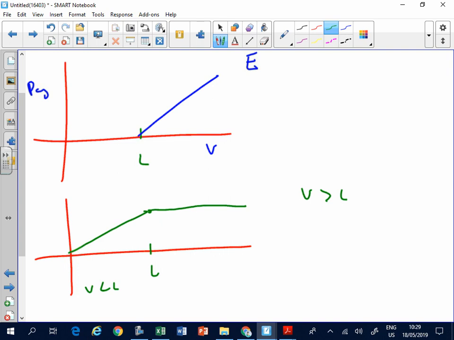This is a short put option plus cash. That's why I said the value of debt is a risk-free bond, the cash bit, minus a put option on the firm's assets.